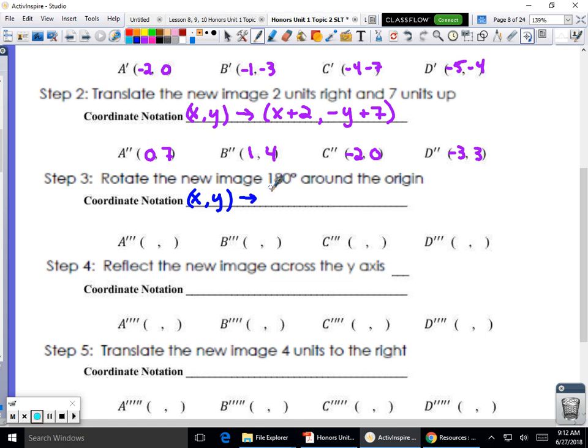So one way of writing that is like this, the opposite of x plus 2, and the opposite of -y plus 7. Okay, so we made everything in the x opposite and everything in the y opposite. So really what that simplifies to is -x minus 2. Notice I distributed that negative sign. This becomes a +y minus 7.